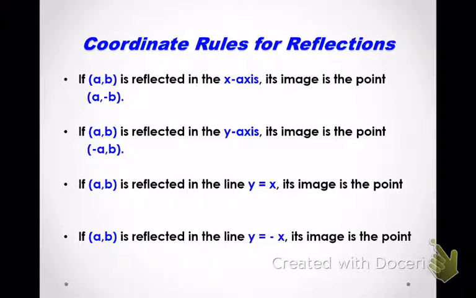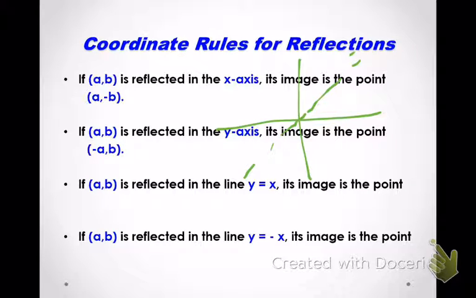So if we have the line y equals x, which remember, on a coordinate plane has a slope of 1, the coefficient of x is 1, so that's 1 up and 1 over. So it's this diagonal line.